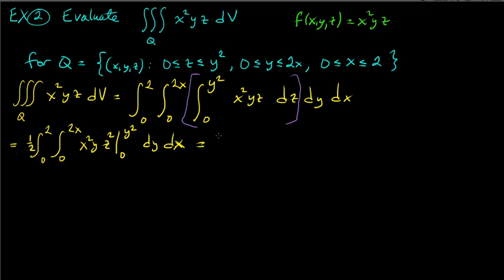So that's just going to be 1/2 the definite integral from 0 to 2 of the definite integral from 0 to 2x of x squared y, and then y squared squared is y to the 4th, but y times y to the 4th is y to the 5th.